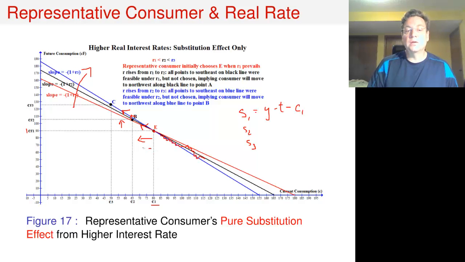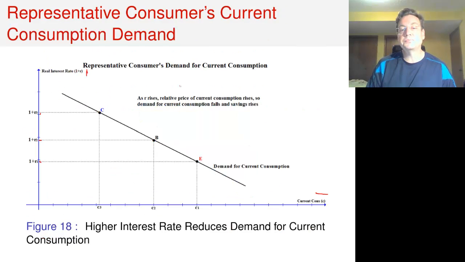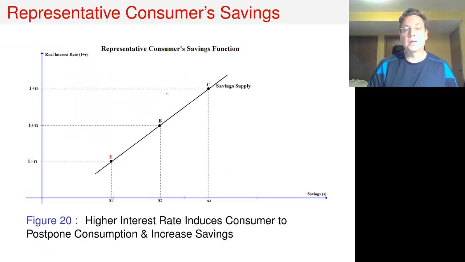And what we'll see is that the amount of savings that the consumer engages in is going to vary as the real interest rate goes up. And that then enables us to plot the interest rate R1 against the savings level S1, R2 against S2, R3 against S3, and then we get this nice upward sloping savings function. So this is the supply of savings today as a function of 1 plus R, the real interest rate.